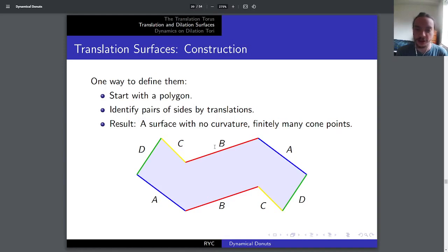Okay, so if you have a polygon that has pairs of sides like that, then when you identify the pairs of sides and you kind of fold things up, you're going to get a resulting surface. It's going to have no curvature because it comes from a flat plane, except that it's going to have finitely many of these cone points. So a cone point is kind of like when you fold up all these vertices onto one point, or maybe a couple points.